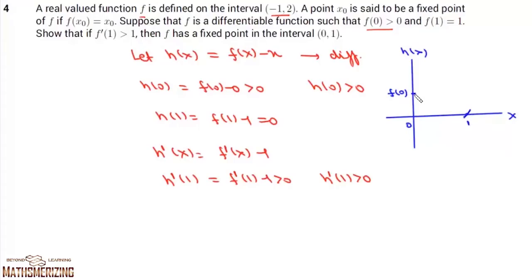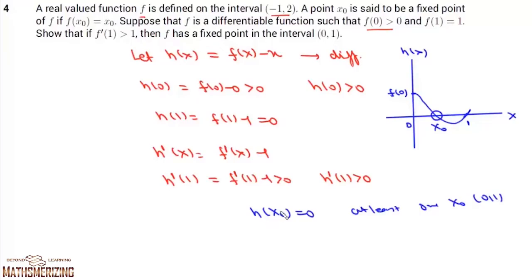So this graph starts from some positive number and then at 1 it will be an increasing function. So that means there will be at least one point between 0 and 1 where h(x) is 0, and suppose this point be x0. So there will be at least one x0 in the interval 0 to 1 such that h(x0) is 0.